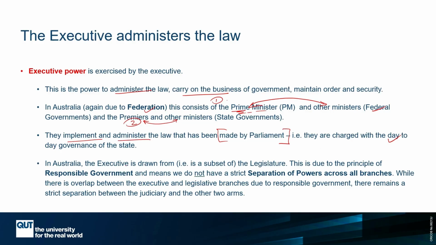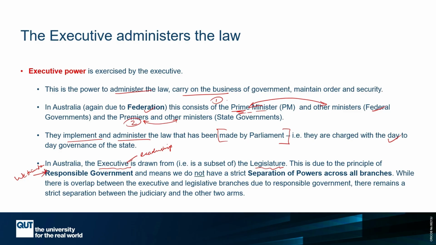Now, what you might note here is that the executive in Australia, at least the leadership of the executive, actually comes from the legislature. That is because we are part of the Westminster system, which has at its core the principle of responsible government.